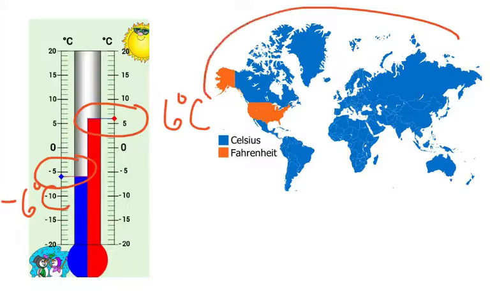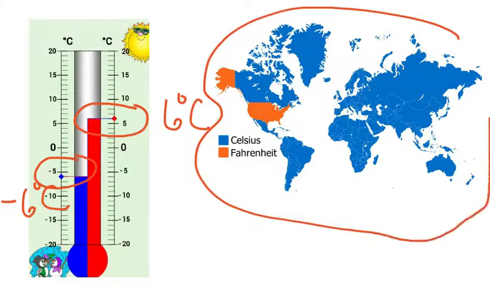Now I showed you this world map right here to let you see that everything in blue are countries that use Celsius as the unit of measure for temperature, and in the red is Fahrenheit.